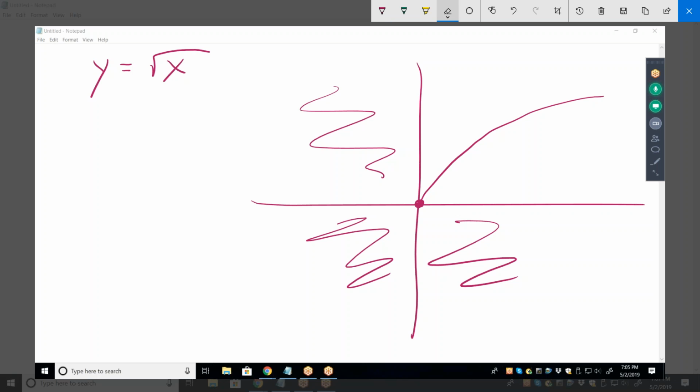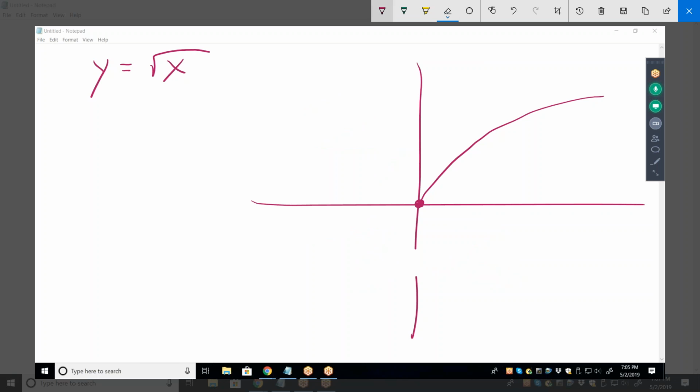If you look at that function, x has to be greater than or equal to 0, and y has to be greater than or equal to 0. So every other radical function that they want you to graph is going to be a translation of this probably.